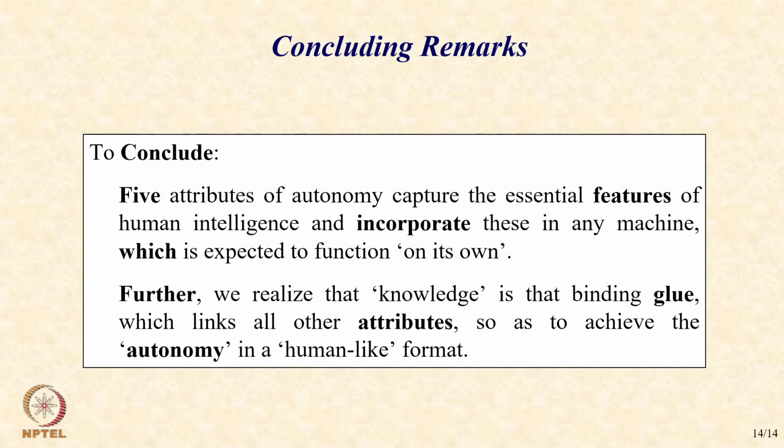The basic premise is that we are talking about autonomy in almost a human-like format: the way we function in an autonomous manner, we would like the system to operate in the same manner, and for that, not only do we need the 5 attributes of perception, reflection, goal management, planning and self-adaptation, we also need the knowledge repository.